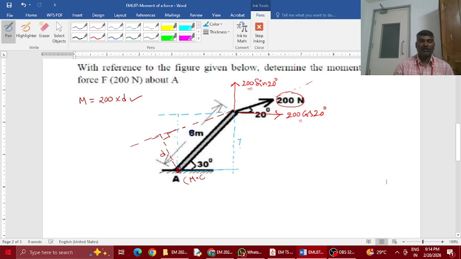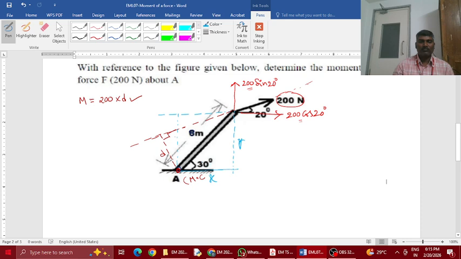Okay, we'll be knowing later. Yeah, so now this is the vertical component and this is your horizontal distance, which is perpendicular distance. Okay, so now if you know these two distances like y and x, your problem is done. So let us find what is x and what is y.